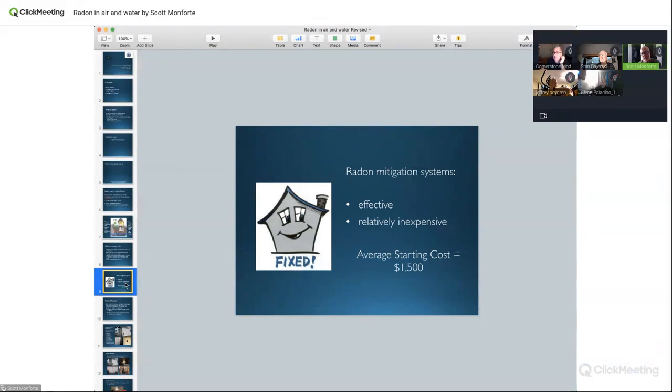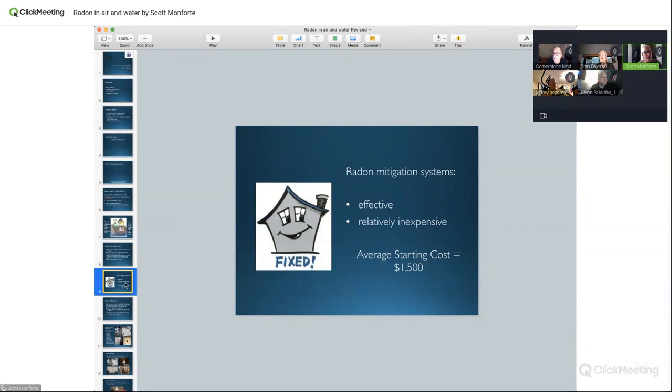This cost is in Connecticut. It's actually higher now. It's a little higher. I mean, obviously materials and everything have gone up, but this is not too bad. In some areas of the country, it might be less. But this isn't a bad start. It's relatively inexpensive compared to lead, asbestos. Some of the other mitigations out there were relatively a low cost.